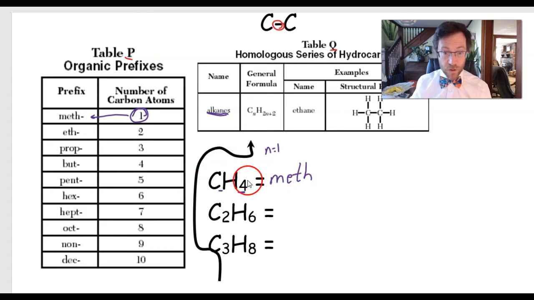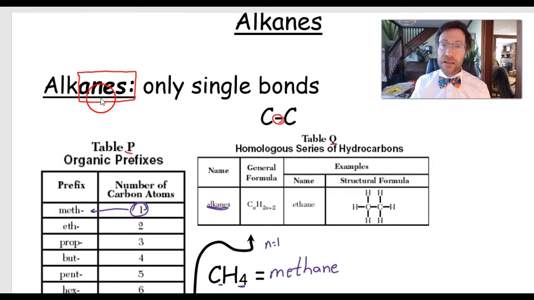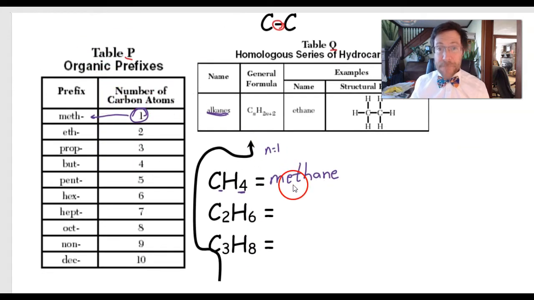And because it is an alkane homologous series, because of the carbon-hydrogen ratio, it ends in -ane. That's why this was in bold, because if it's an alkane, it ends in -ane. So that is methane.